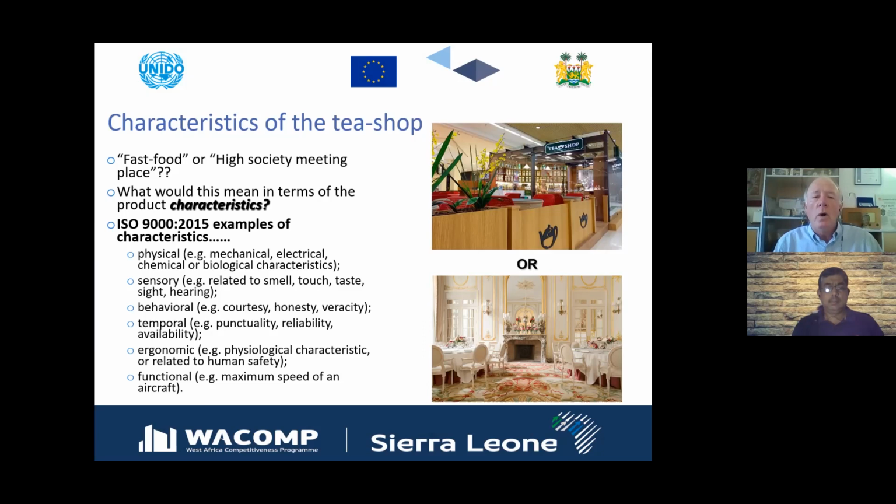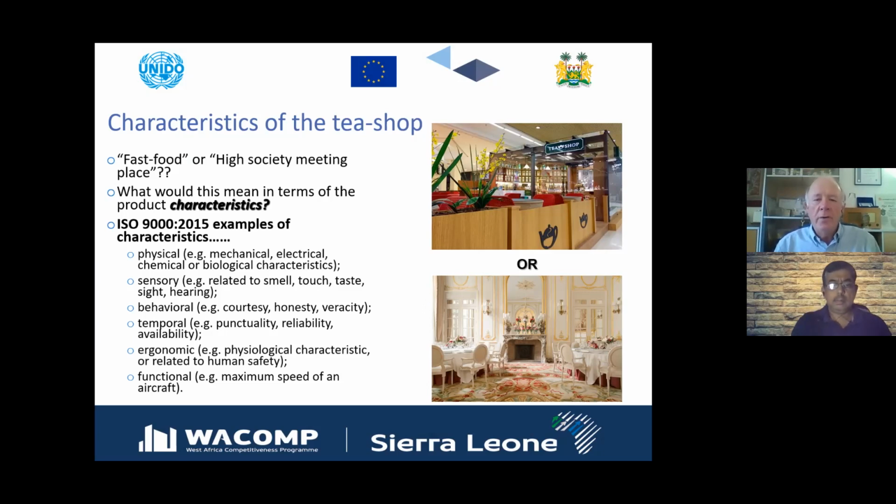So what we need to think about always is what are the characteristics of the particular business that we are dealing with? What are the characteristics that will affect the way that we design our processes? And we've spoken in the other course earlier about ISO 9000 and some of the definitions.